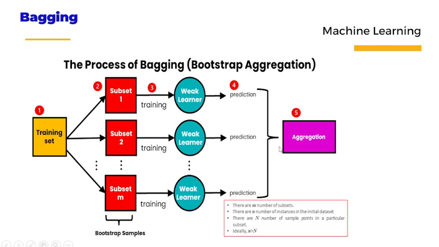Now let us look at how the bagging process is done. First, we have an initial training data set containing n number of instances. After that we create m number of subsets of the data from this training data set, each a subset of n sample points.